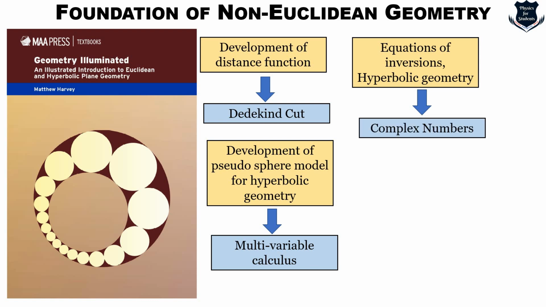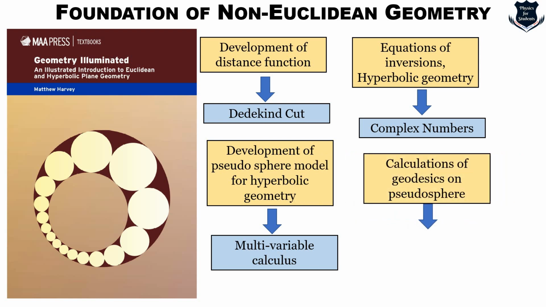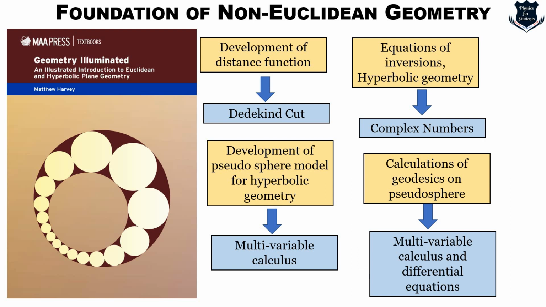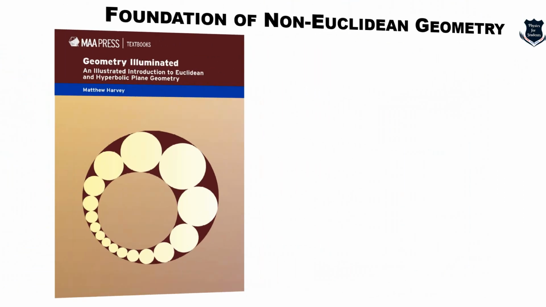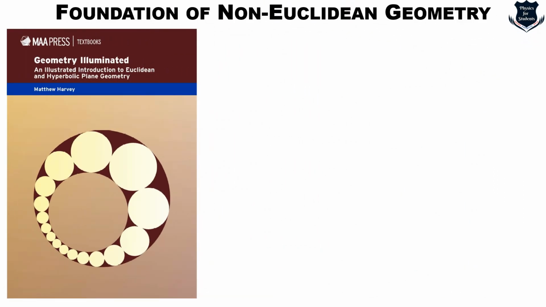Somehow the complex numbers are not being covered in this book, and calculation of geodesics on pseudosphere, multivariable calculus and differential equations. So Geometry Illuminated almost comprises a self-complete book where the professor teaches you what you really don't know except complex numbers, which are equations of inversions in hyperbolic geometry. That's a point you must note.